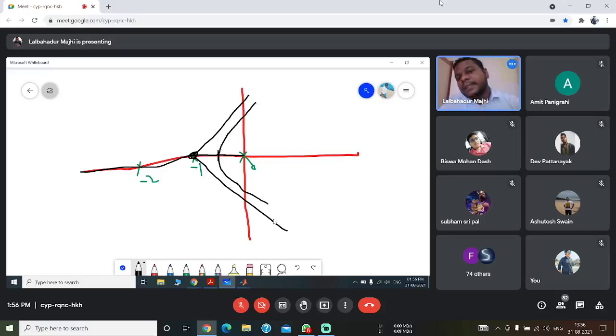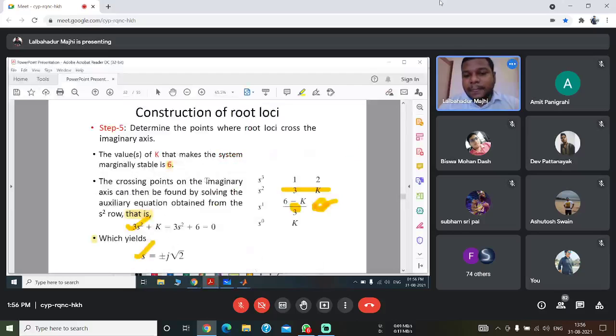It will intersect the j omega axis, so we have to determine at which point it intersects. This can be calculated by the Routh table. We have to make our system marginally stable by making all the elements of the row 0.